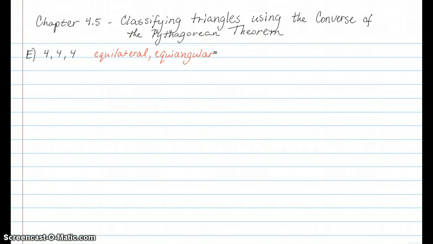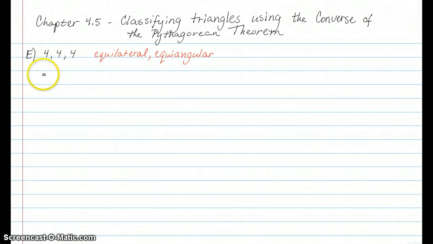And we know from an equiangular triangle, if all 3 interior angles equal 180 degrees, then if you divided that 180 degrees by 3, you would end up with 60 degrees. We know this is going to be an acute triangle, but we need to prove it mathematically using the converse of the Pythagorean theorem. So let's go ahead and do that.